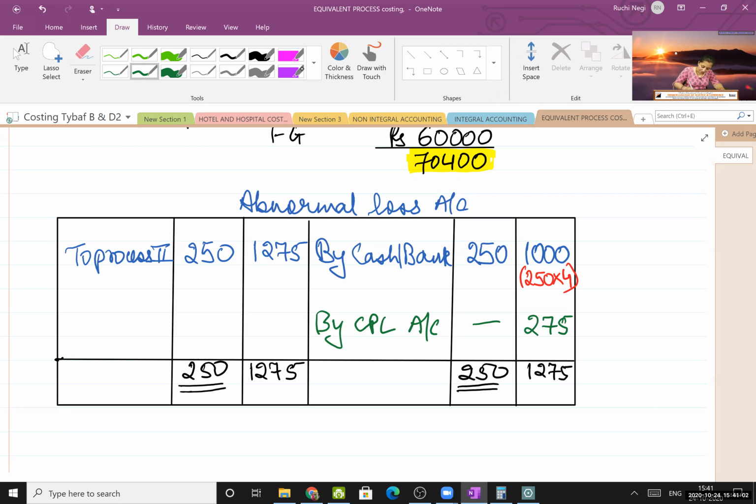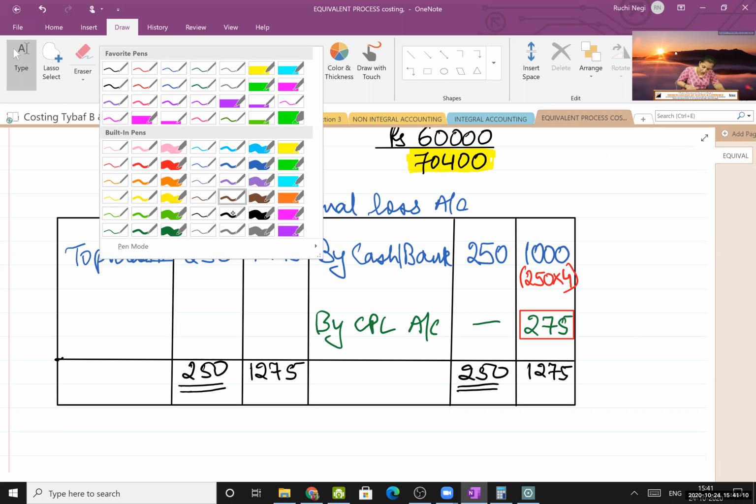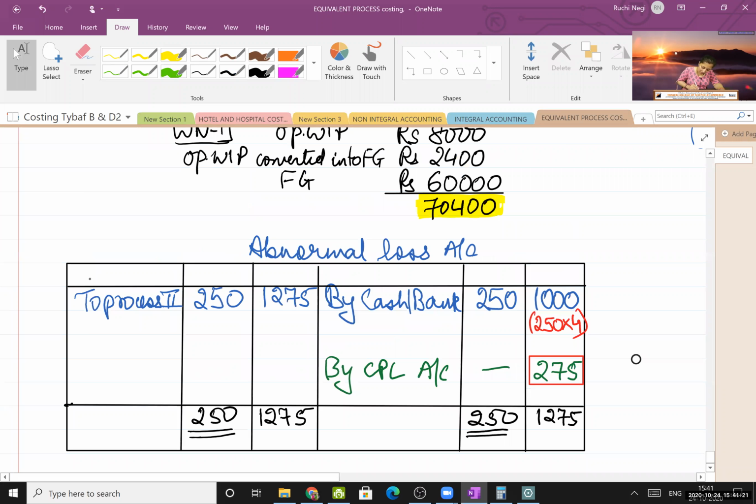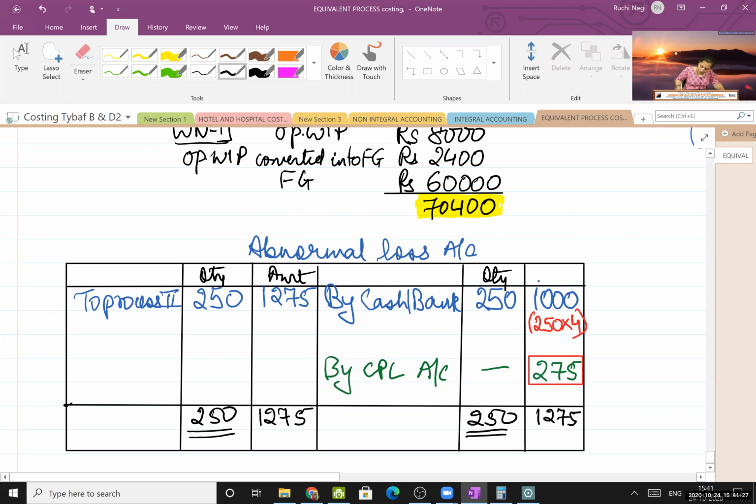Okay? Am I clear about this? समझ में आया? So this is what they had told you to prepare. A process account and a abnormal loss account. Gain तो है ही नहीं सब में, तो ठीक है. This is the quantity column. This is the amount column. Quantity column, amount column. Okay, particulars.